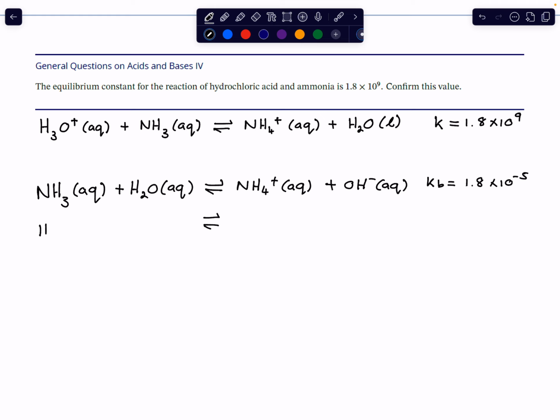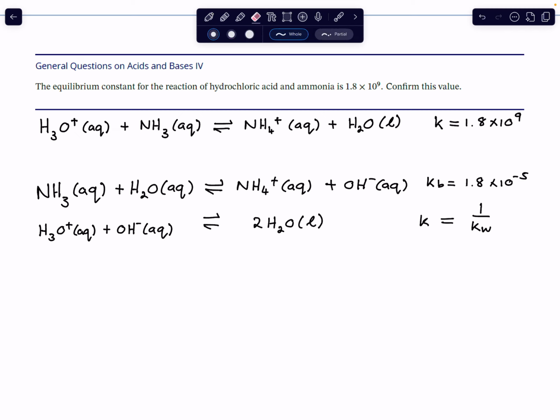So meaning that hydronium plus hydroxide gives us 2 water. And the K value for this expression is the inverse of Kw. Remember, Kw is defined as when water dissociates into H3O plus and OH minus.